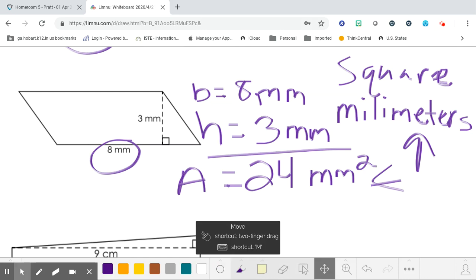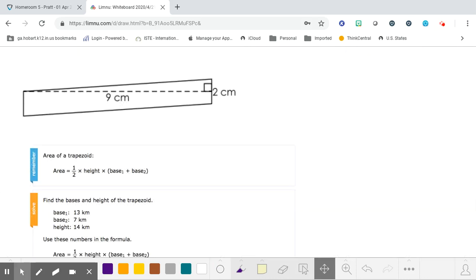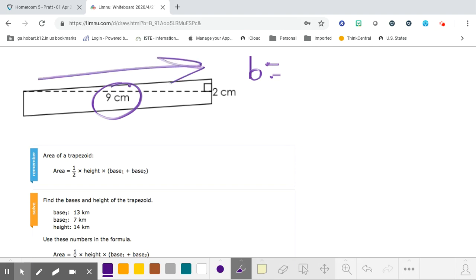All right, let's do another example. So here we have this parallelogram. Let's find our information. We need our base, which is 9 centimeters, because the base always goes this way, or this way. It's basically the length of the parallelogram. So we have 9 centimeters.